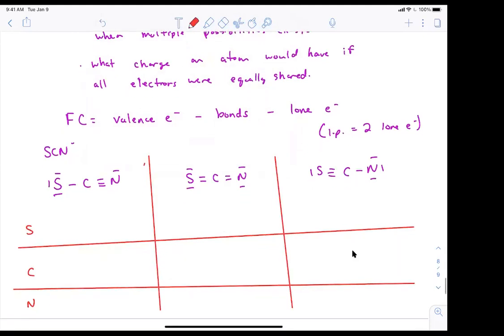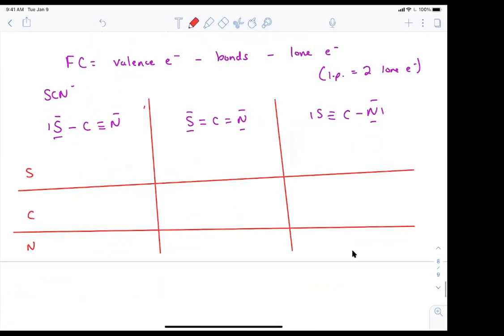Okay. S, in this case, normally has 6 valence electrons, and you have 1 bond, and you have 6 lone electrons, so that's a -1 here. Here, it's 6 minus 2 minus 4, that's 0. Here, it's 6 minus 3 minus 2, that's +1.